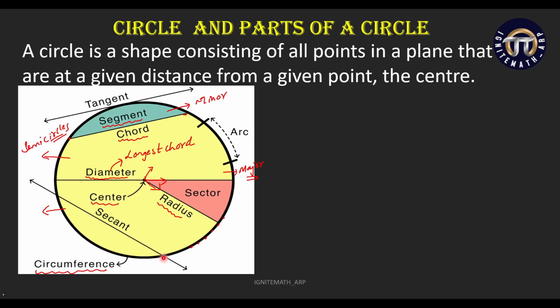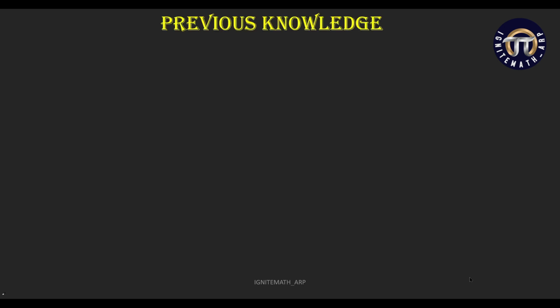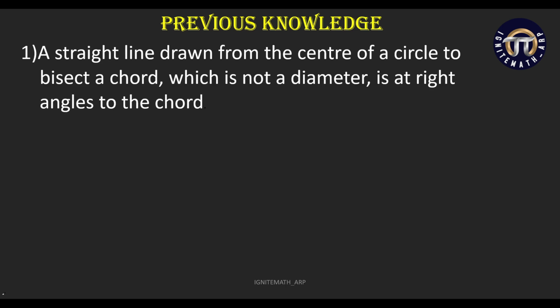Now let us discuss some very important things that we discussed in our lower classes, that is ninth standard, as previous knowledge. Right, children? We learned that a straight line drawn from the center of the circle to bisect a chord which is not a diameter is at right angles to the chord. Let me make it clear.